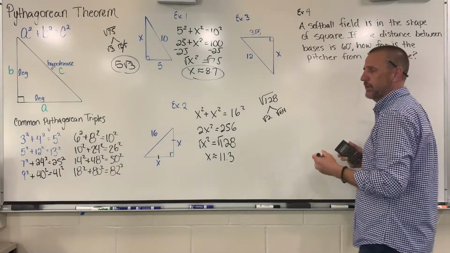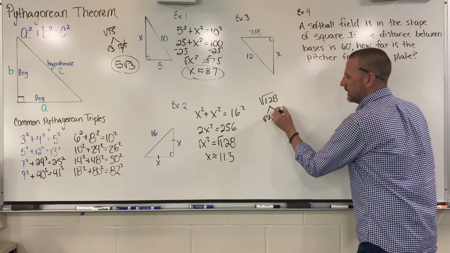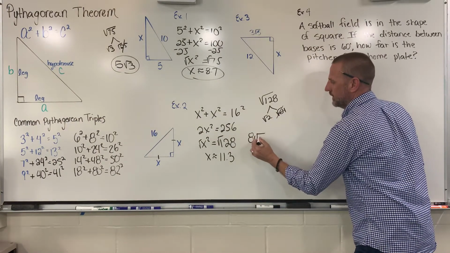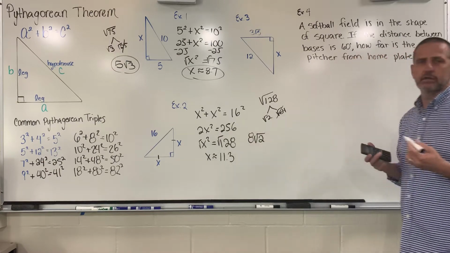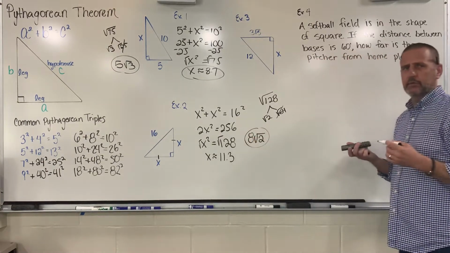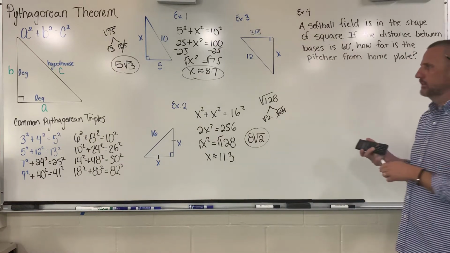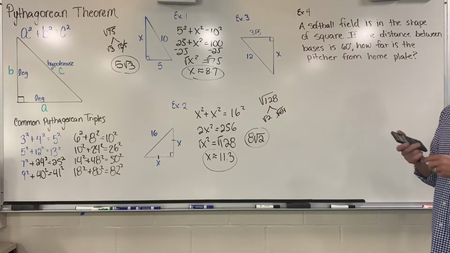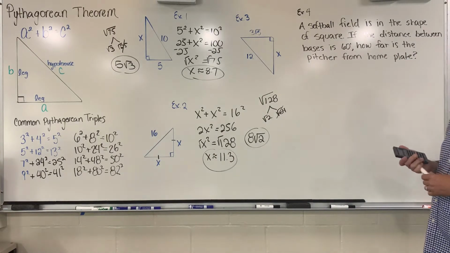It's a perfect square. 8 times 8 is 64. So I can cross this off and write 8. And then 2 is as low as it can go. It does not have a whole number square root. It has a decimal, obviously, but that's my answer. So again, either answer will work. It's just a matter of how you're asked to present it.